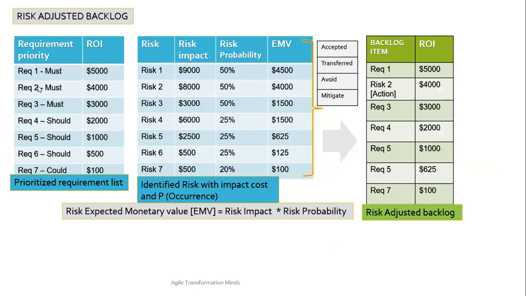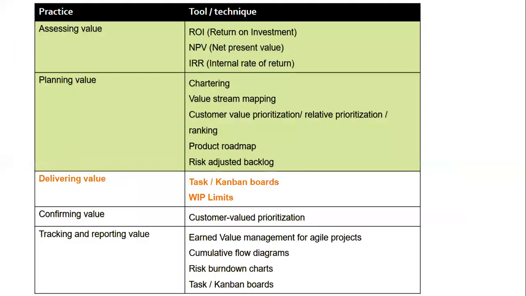Now you can see you removed requirement 2 and put risk 2. Requirement 2 has an ROI of 4,000 and risk 2 also has an ROI of 4,000. So they thought, okay, let's remove requirement 2 and put in a mitigation plan for risk 2, which is equivalent ROI. That's how you reprioritize your backlog. And this is not a one-time activity. It continuously evolves during every sprint.